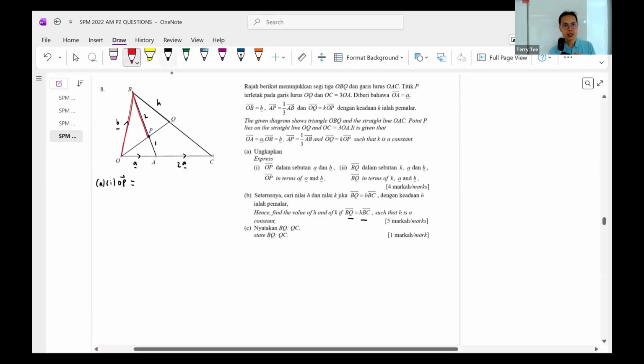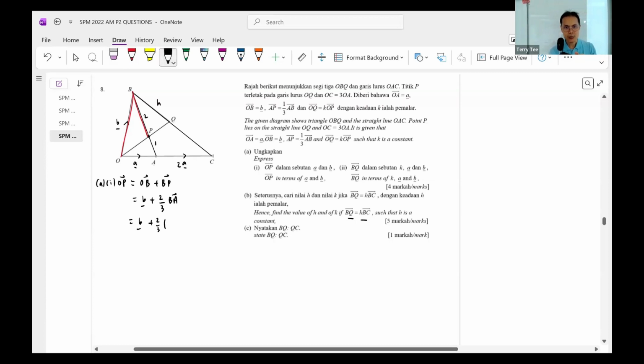Two ways, I mean two different directions. So we go O to B, B to P. OB itself is B, BP is 2 over 3 of BA. Now, what is your BA? BA is minus B plus A. Okay, I better write this.